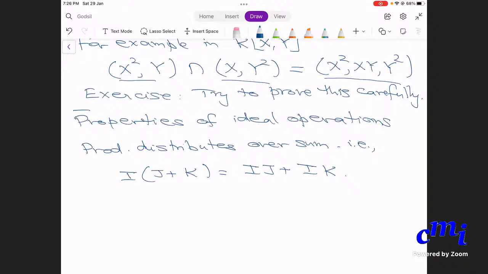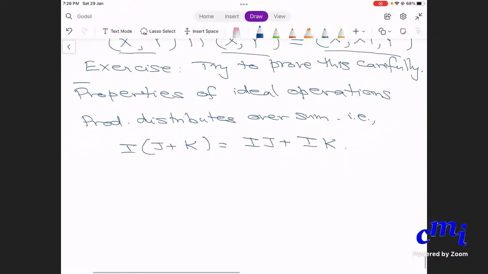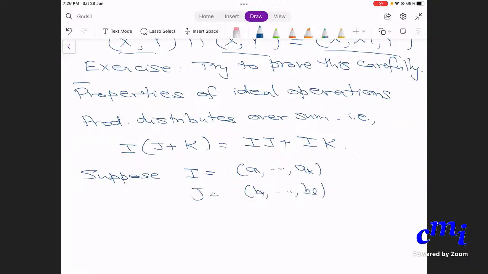I mean, it's easy to see in many ways, but let me just give a proof, assuming that these ideals have some finite sets of generators. So suppose I is generated by a1 up to ak, J is generated by b1 up to bl, and K is generated by some c1 up to cm.